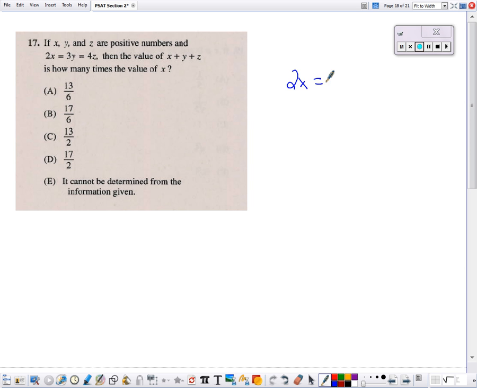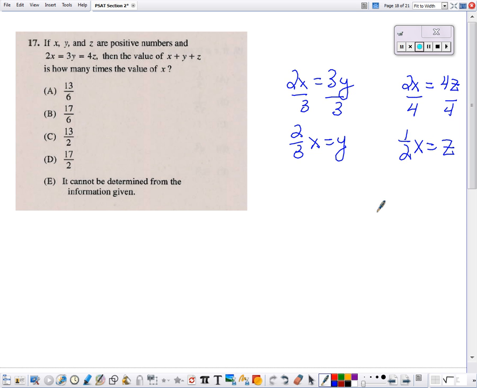Well, we know that 2x equals 3y. I'm going to start with just part of the proportion. And when I divide by 3, 2/3 x is y. Then I can also do the same process for 2x and 4z. I'm going to pair up those and solve for z. We get 1/2 x equals z. Now I can replace in my sum.